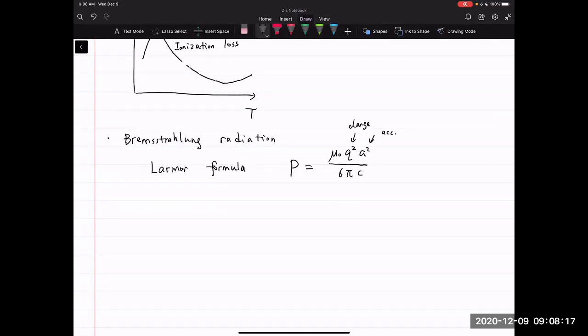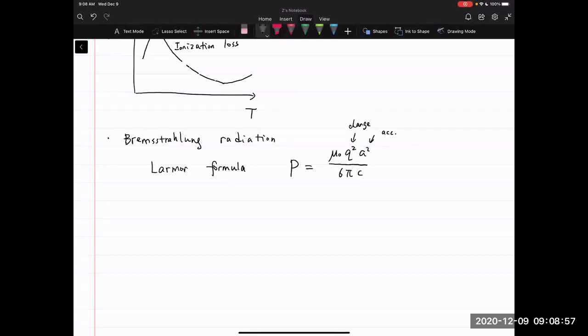By the way, this radiation is given out in the form of electromagnetic waves, and these waves can cover a very wide frequency range. Bremsstrahlung radiation oftentimes refers to the case where this radiation becomes very important, when it falls into the X-ray range.